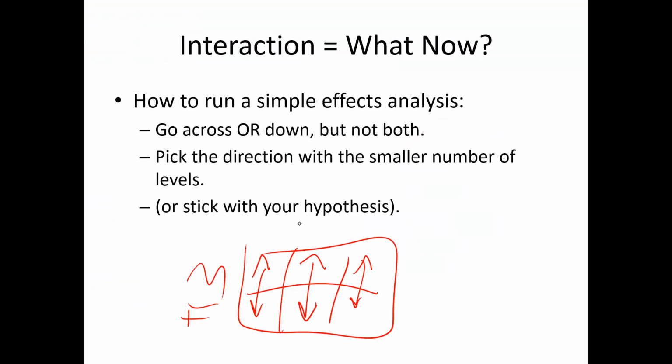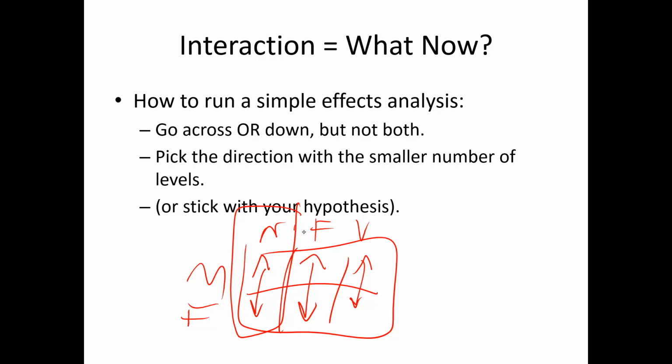But to do that, with non-football, volleyball, I'm going to have to split these into different groups. So none is its own data set, and I could do male versus female. Football is its own data set, and I could do male versus female. And volleyball, again, is separated out on its own. So stick with your hypothesis first, or the smaller number of levels.